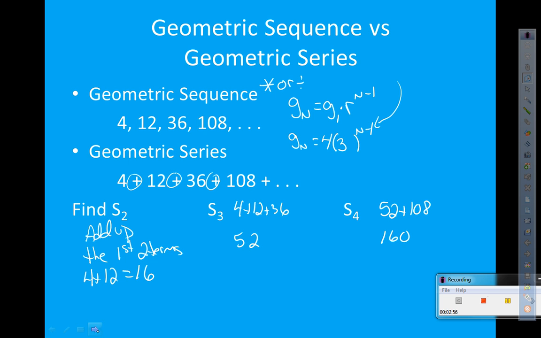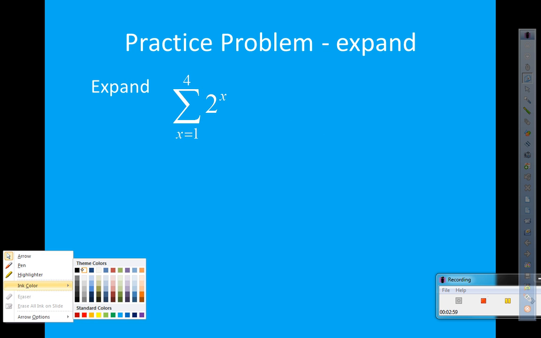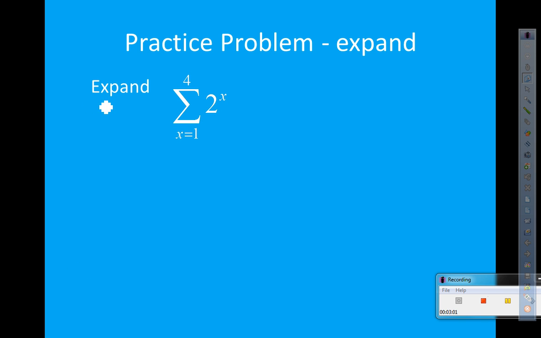That was pretty easy. Now, let me remind you, when you see the word expand, that means there's no formula that you get to use. Because some of our formulas will work, some of them won't. So when you see the word expand, I'm asking you to do this.